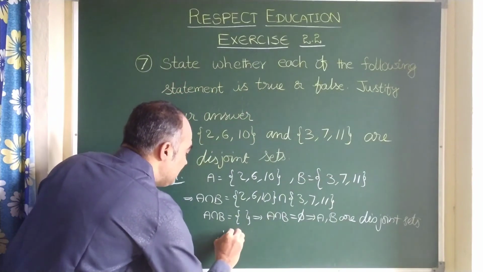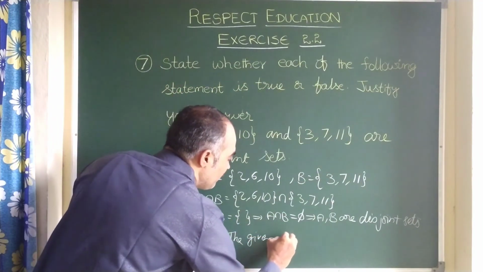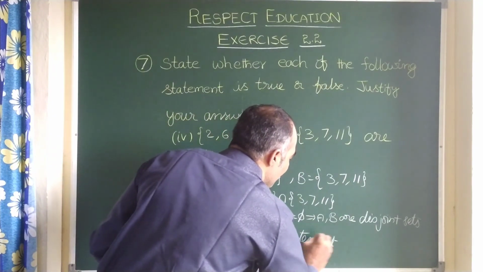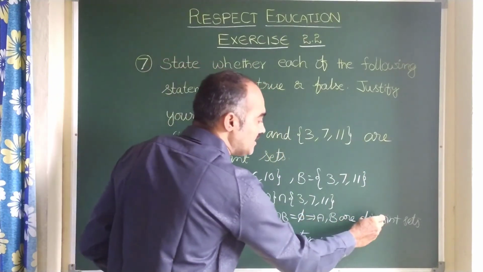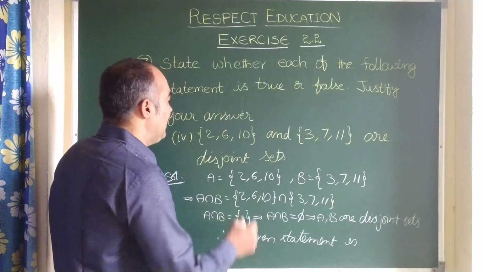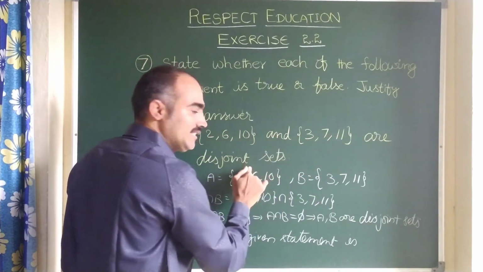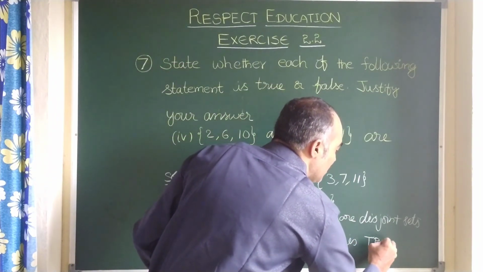So the given statement is, here you see we got A and B are disjoint sets, right? Here it is given, you take this as A, this as B, A and B are disjoint sets. We two got the same. Therefore here the given statement is true.